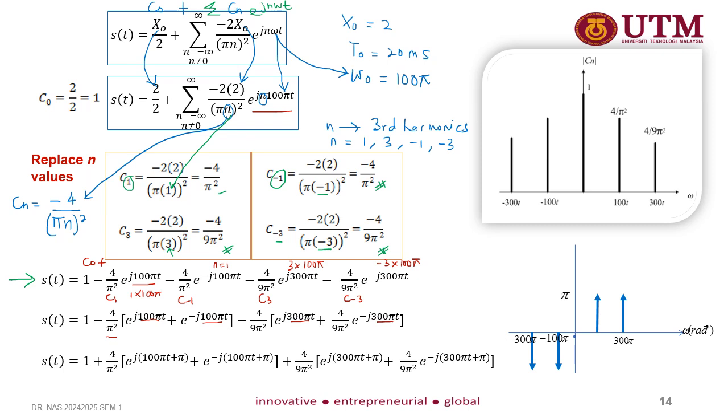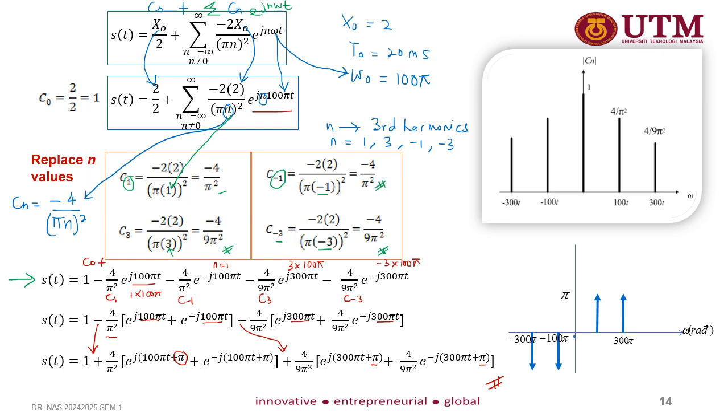Then remember, in trigonometric form, when you have negative, you can convert it into positive by having a phase shift of positive pi. So all negatives are converted into positives by having a phase shift of pi inside the bracket. Finally, you can plot the spectrum, both the magnitude and the phase spectrum.